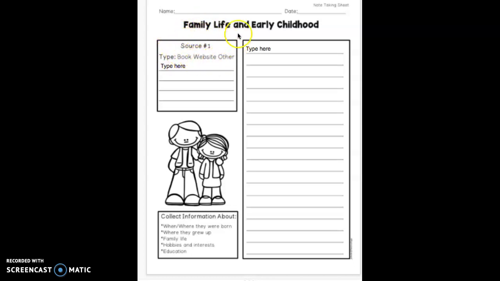There's another sheet that looks just like it, except look what it says. It says Source 2. Okay? I just wanted to point that out so you didn't say, Miss Clardy, you gave me a couple sheets like this.